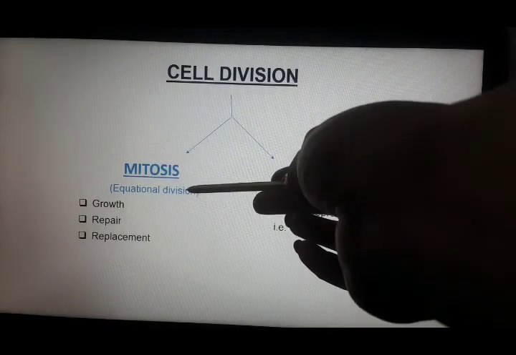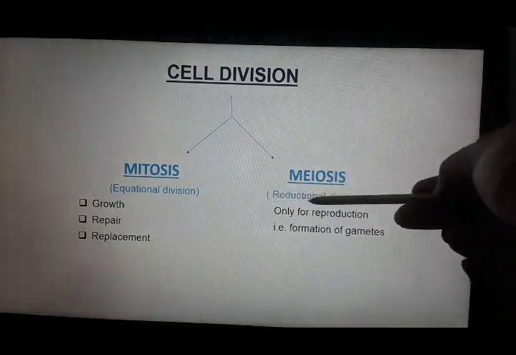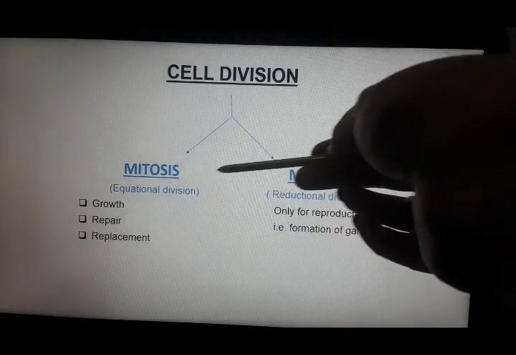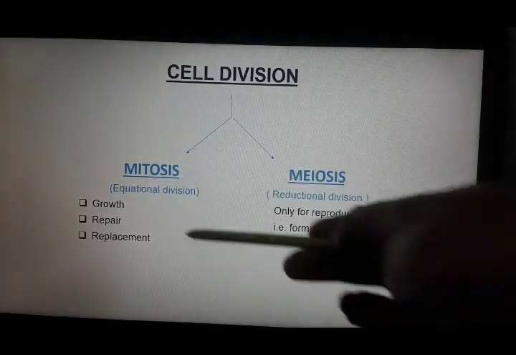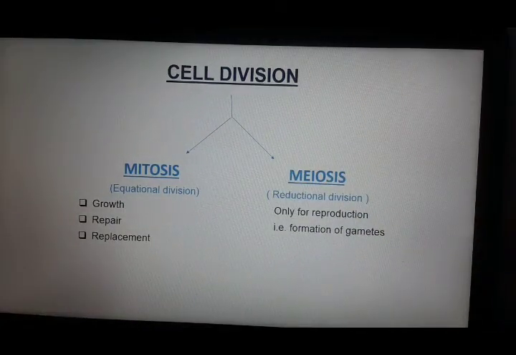The first one, if you can see, I have written here equational division, and on the other side I have written reductional division. So the definition of mitosis and meiosis is actually hidden in this term only. When you are talking about equational division, you are referring to the maintenance of chromosome number whenever a cell divides.